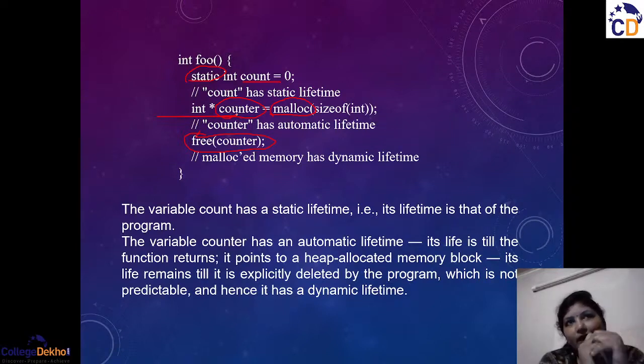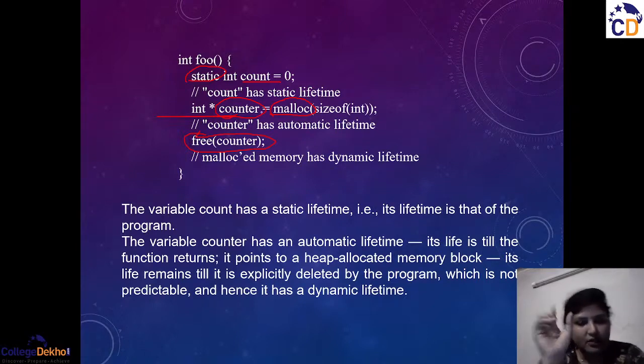So now you have used some function for allocating the space in the memory. So it should be freed after the usage of that particular variable. Its life remains till it is explicitly deleted.